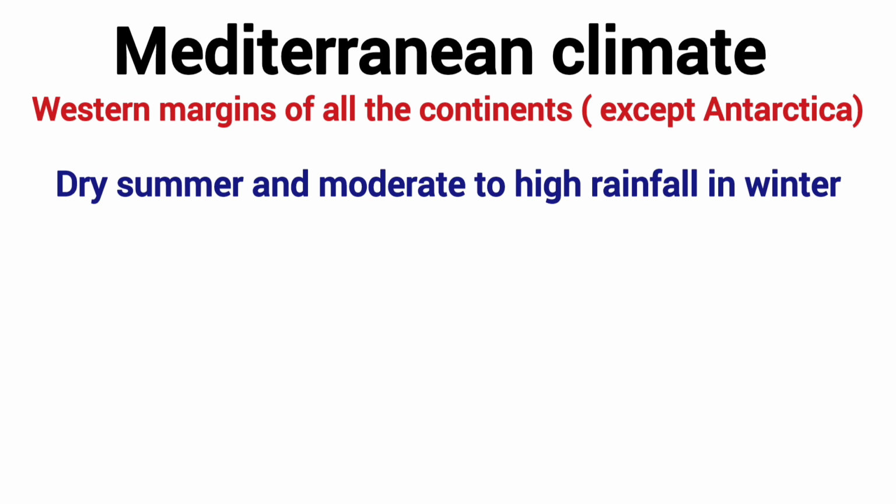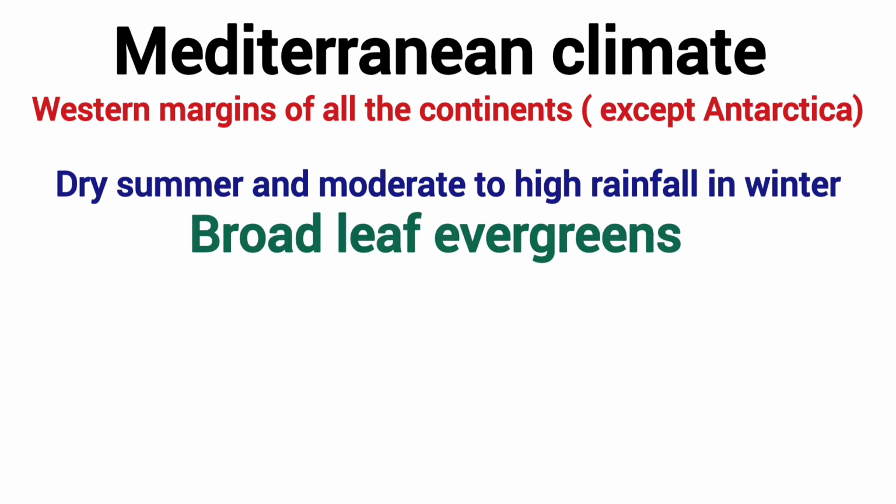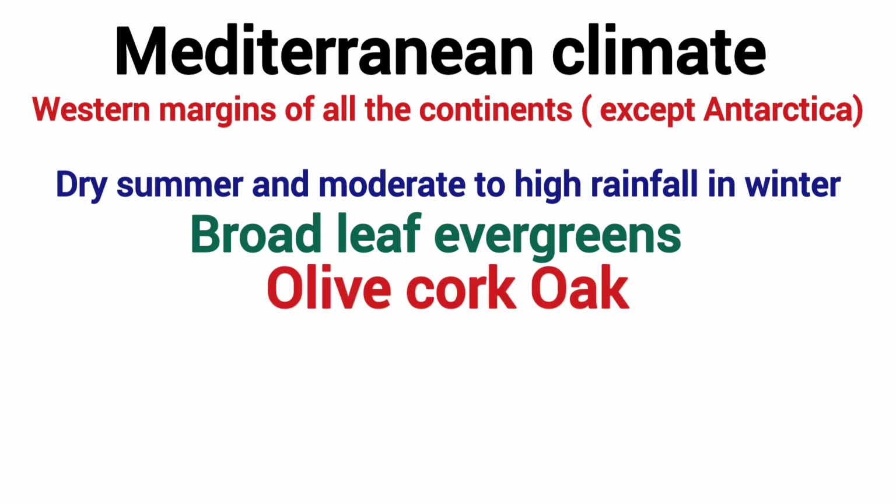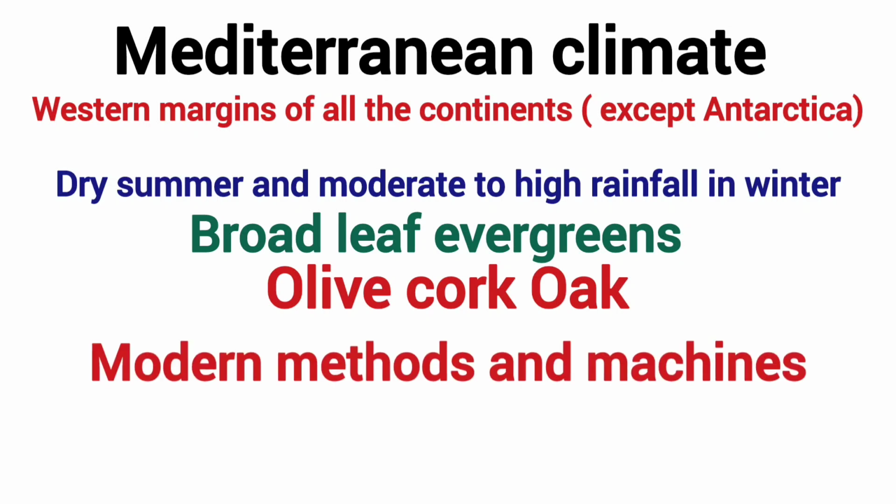Natural vegetation in this region is broadleaf evergreens comprising mainly olive, cork, and oak. Commercial agriculture and dairying are practiced in large farms using modern methods and machines. An example of a country with a Mediterranean climate is France.